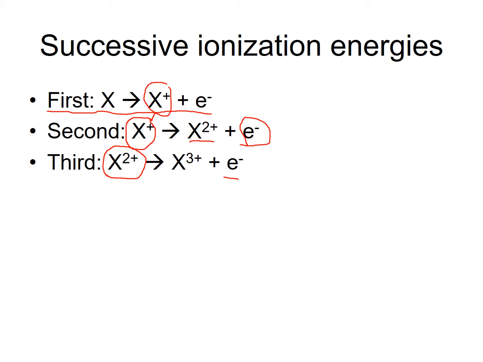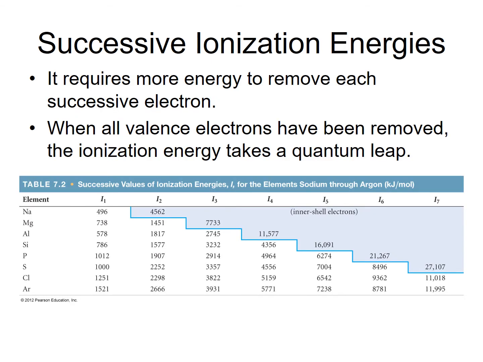Now, it's very instructive to look at these ionization energies for different elements in the periodic table. So here's an element, sodium. There's the first ionization energy. The second ionization energy is higher. For every single one of these, it always takes more energy to remove the second electron, and more energy to remove the third electron, and so forth.